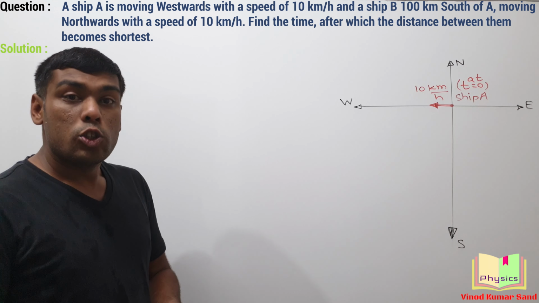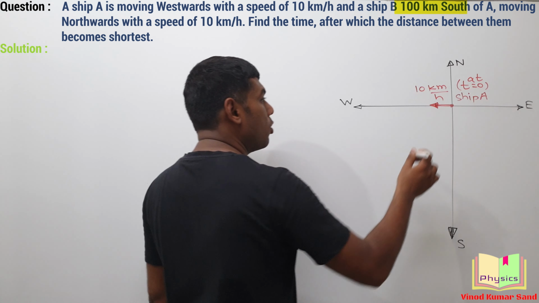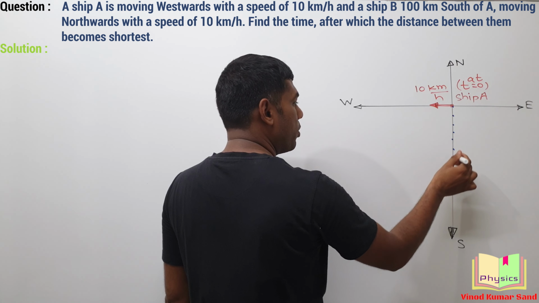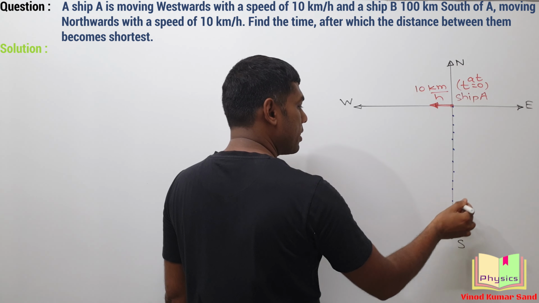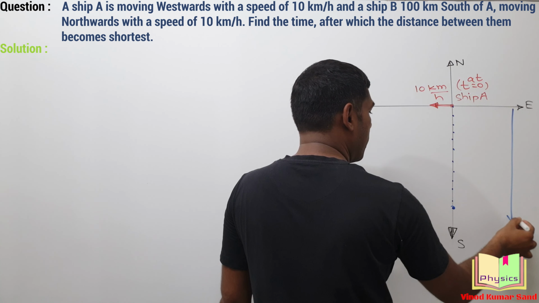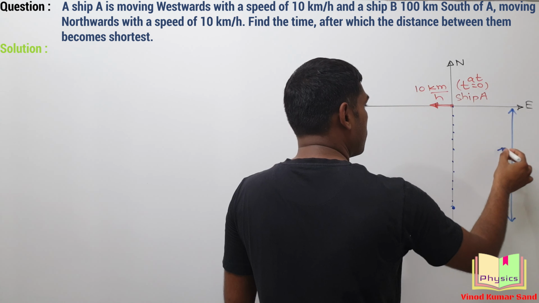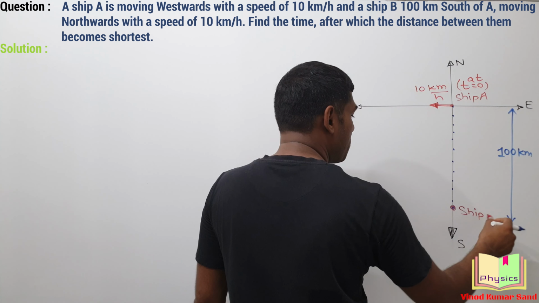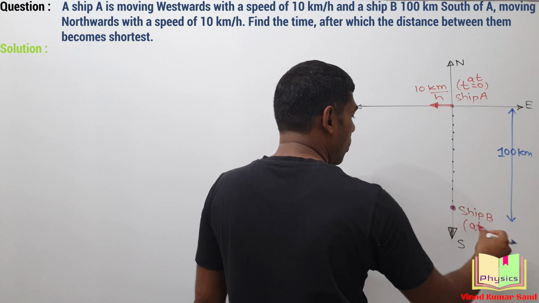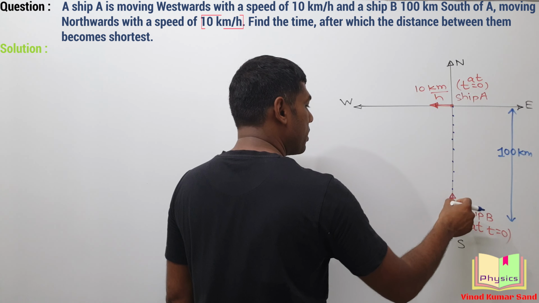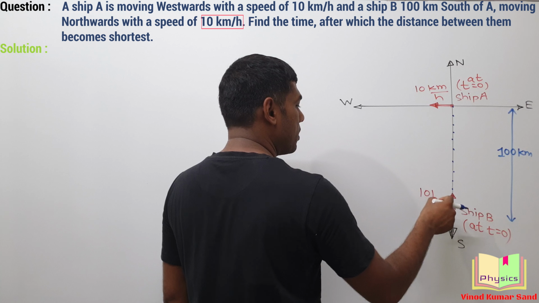Agree? Ship B is 100 km south. So from ship A I am going 100 km south. Let's say this distance I consider as 100 km. Here is ship B. That ship B is also moving with a speed of 10 km per hour. It's given in the question.